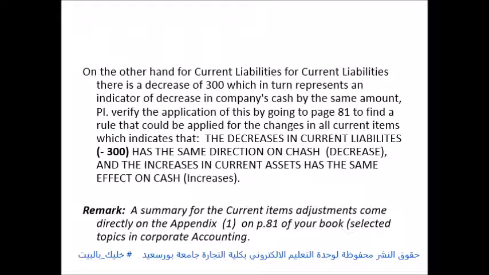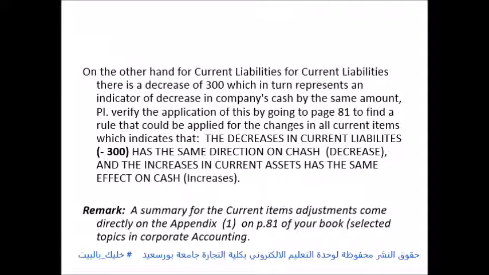On the other hand, for current liabilities, there is a decrease of 300, which in turn is an indicator of a decrease in the company's cash, meaning cash was credited by the same amount. Please verify the application of the rule on page 81.